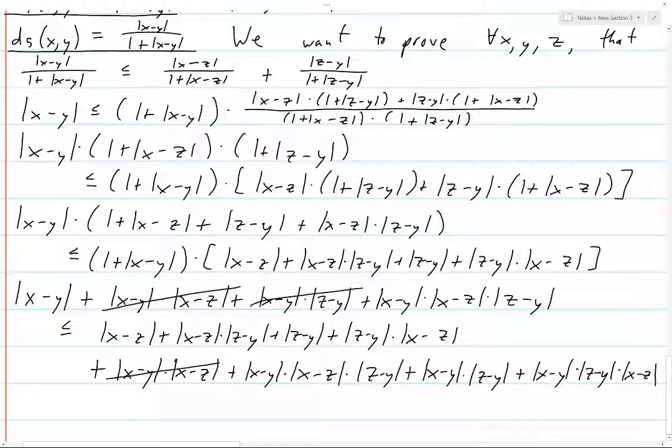norm of x minus y is less than or equal to x minus z plus x minus z times z minus y plus z minus y plus z minus y times x minus z.